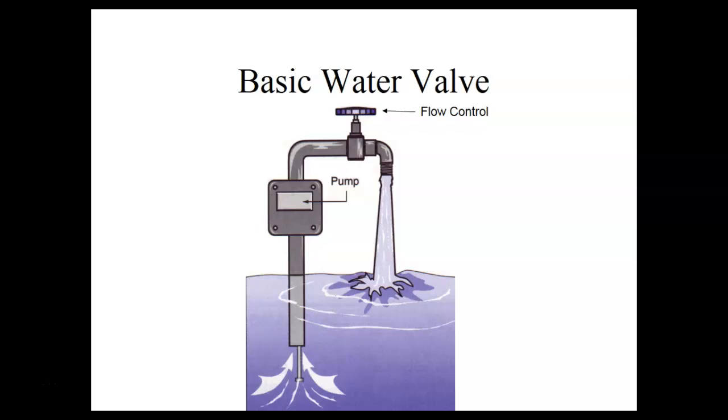If you understand how a water valve works, then you should have little problem understanding how a transistor works. In a basic water valve, we have a flow control, which lets us control the actual flow of the water through the valve. We get a mechanical advantage.